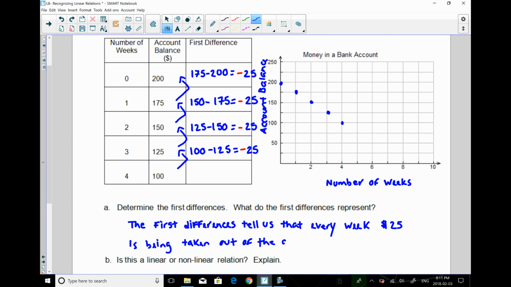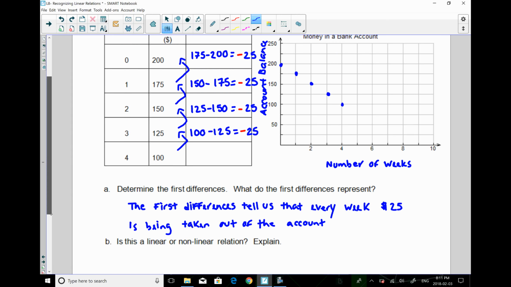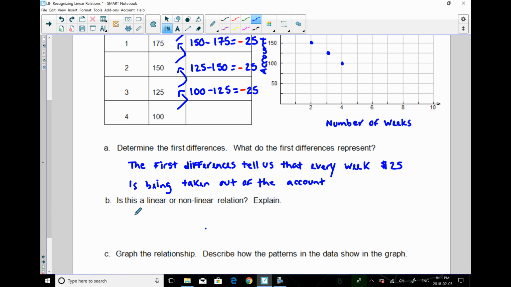We know it's taken out because it's a negative. This is a linear relationship because the first differences are the same.